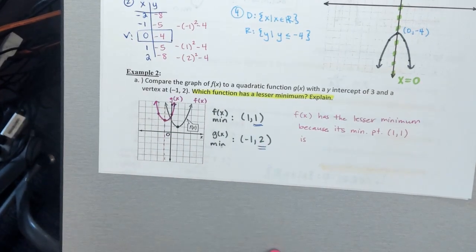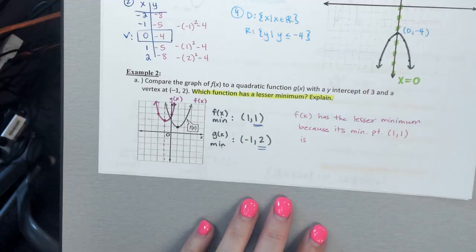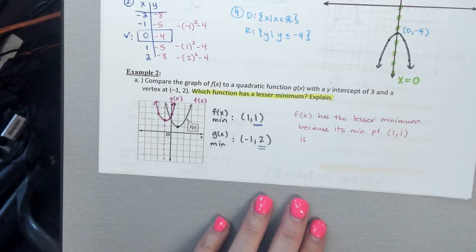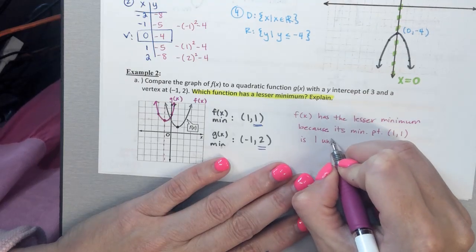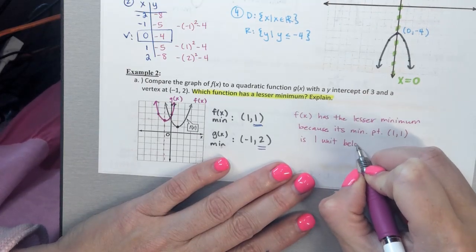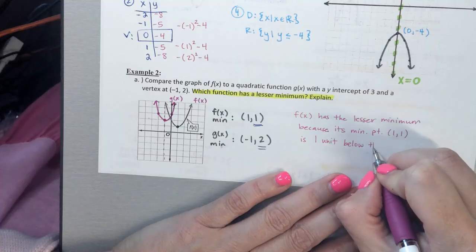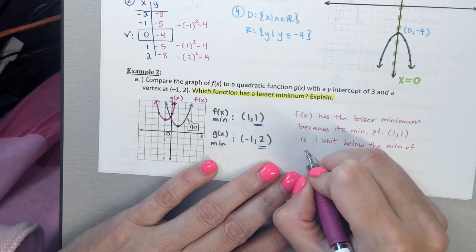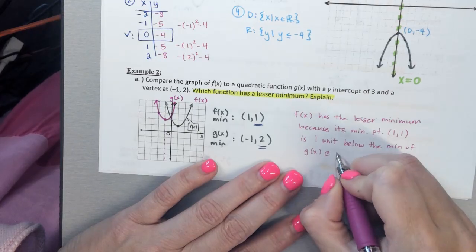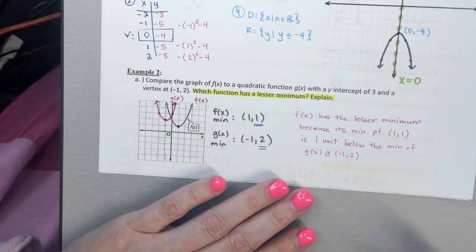This is at 2, this one's at 1. Again, we're just looking at those y coordinates. So we're going to say is 1 unit below the min of g of x at -1, 2.